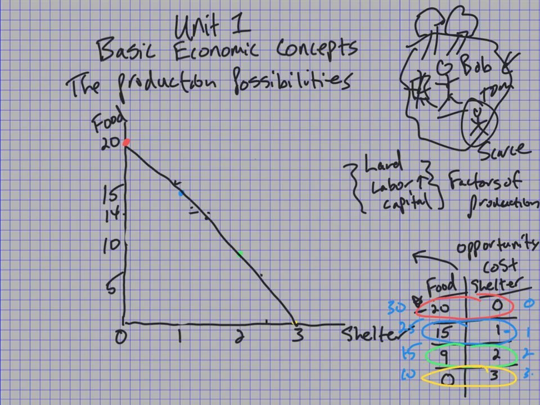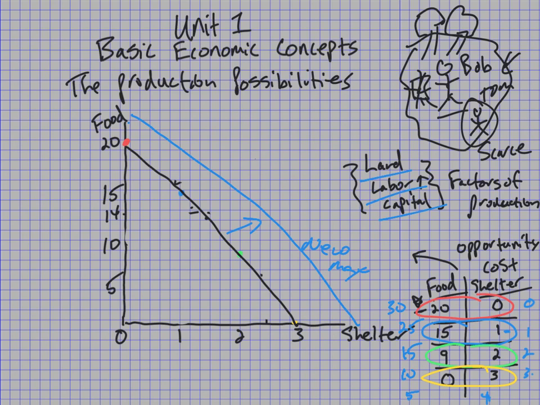And this becomes 5 and 4. All of those are now options. Okay? And so what we see is a line that would be way out here like this. Oops, sorry. A line that's out here like this. Okay, this becomes the new maximum when we change the amount of land, labor, and capital that we had available. That whole thing shifted outward.